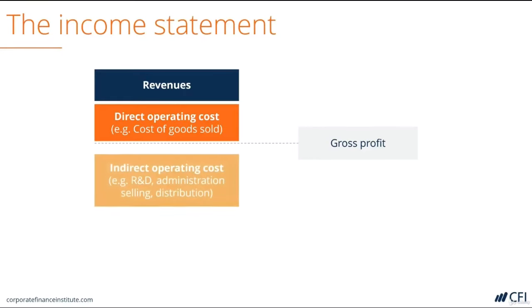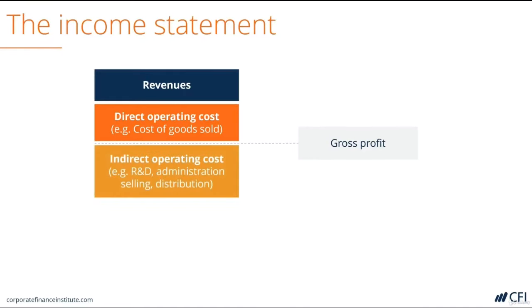Next on the income statement come the indirect operating costs. These include things like research and development, administration, selling, and distribution. Several of these line items may be grouped into one, sometimes called Selling, General, and Administrative Expenses, SG&A, or just General and Administrative Costs, G&A.